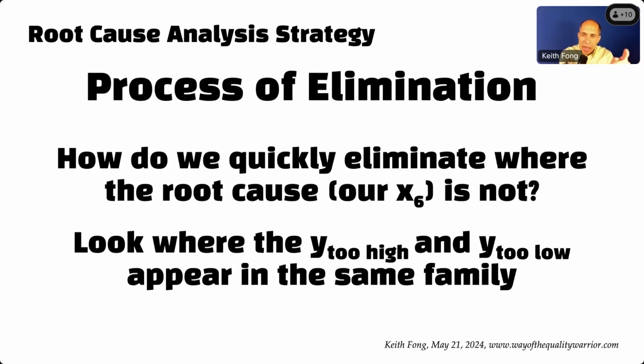Because when we see that, we know that our root cause, our X6 in this case, is seeing its extremes. Every other family, we can discount. We don't have to spend our time investigating those areas. So we can save ourselves a lot of time, a lot of effort.